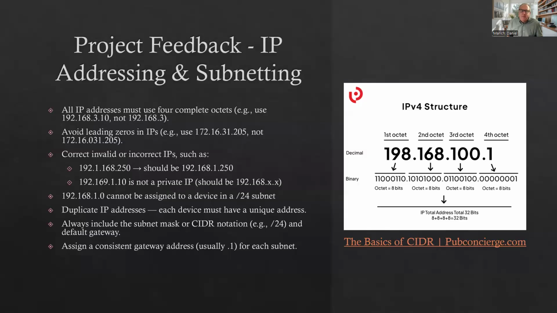Be very careful of duplicate IP addresses. Each device must have a unique IP address. One of the most interesting things in networks in companies that I've worked in and had to manage is IP conflicts, and they happen more often than not. Sometimes it has to do with mismanaged DHCPs. Sometimes it has to do with a statically assigned IP address.